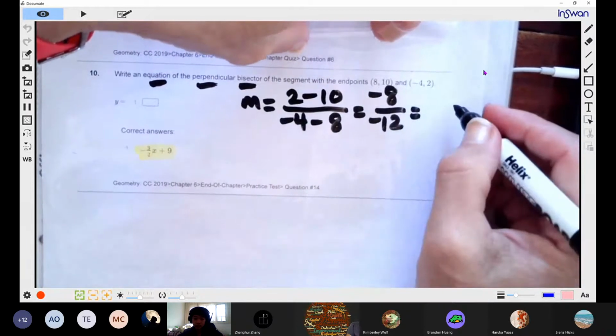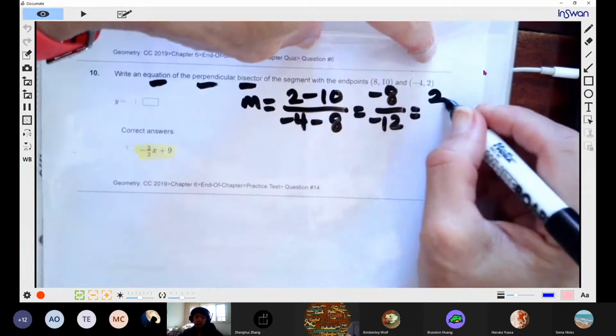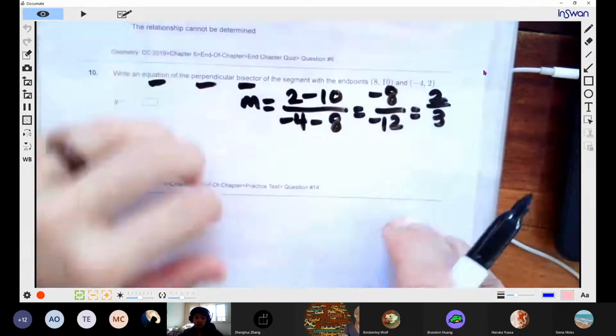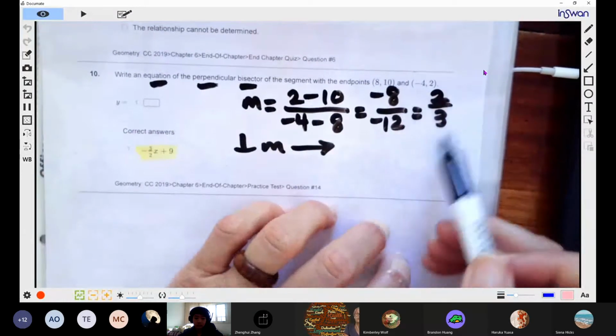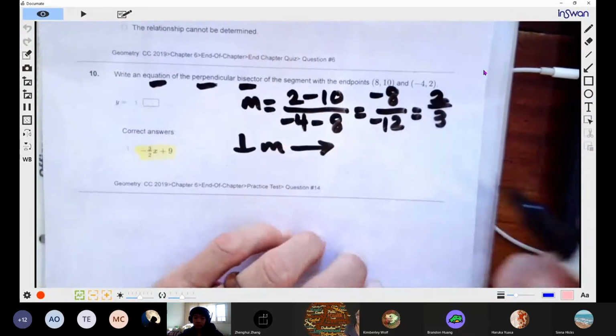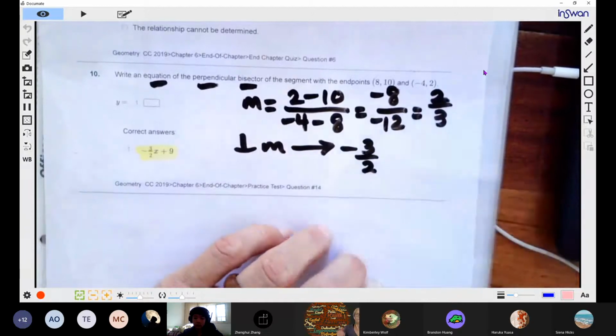And that's going to reduce, let's see, they both are divided by -4, so that'll be 2 over 3, which means our perpendicular slope, again, whatever you have to multiply this by to get a product of -1, which most everybody thinks of as an opposite reciprocal.